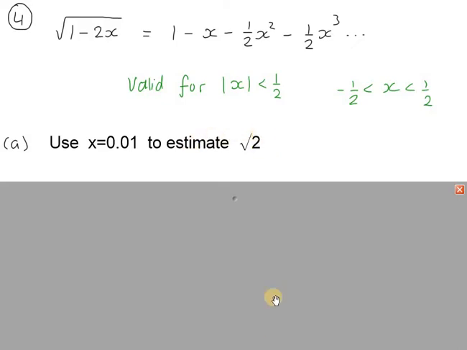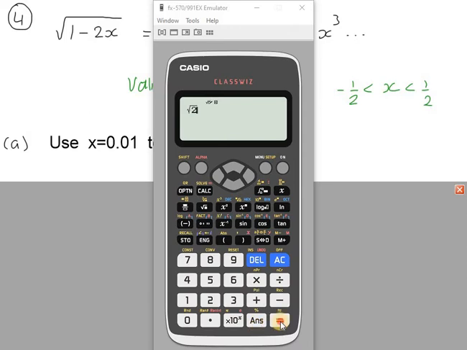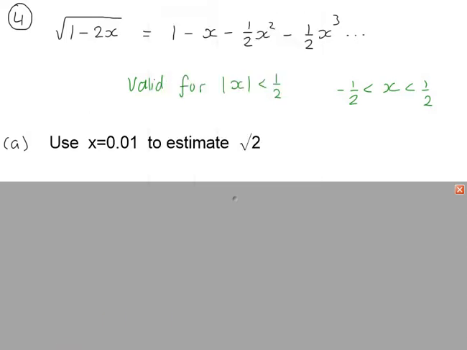Now to estimate root 2, what you can't do is just use your calculator. You have to use the binomial expansion.